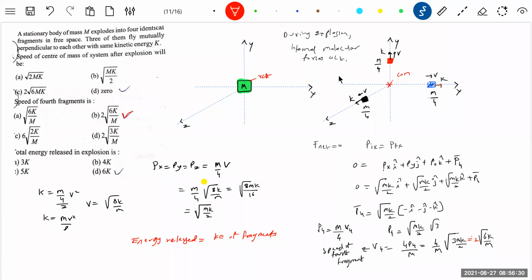Okay, now the kinetic energy of the fragments. What is the kinetic energy of the fragments? The 3 fragments fly perpendicular to each other with the same kinetic energy, so K plus K plus K. The fourth one is what? K4. How do we calculate the kinetic energy of the fourth fragment? We have the velocity, half m v4 square. The mass of the particle is m by 4, and we know the speed v4.